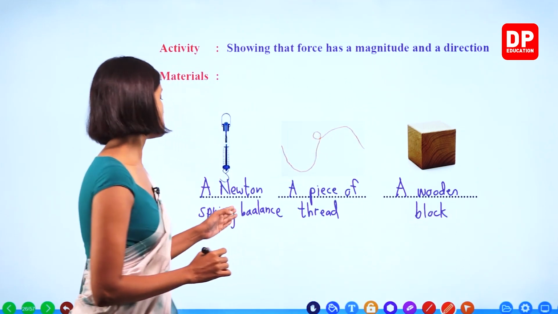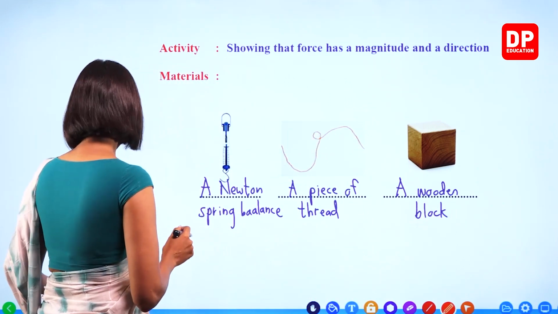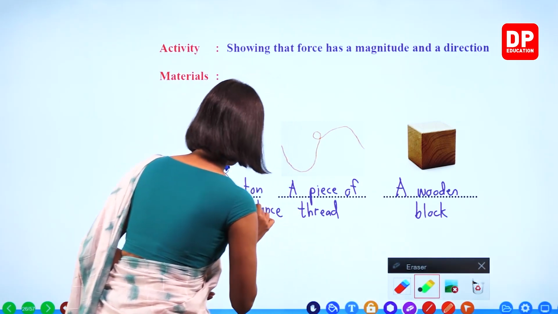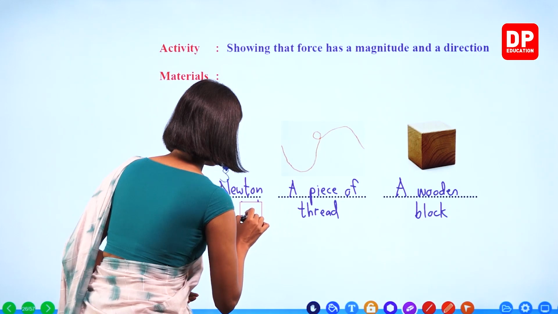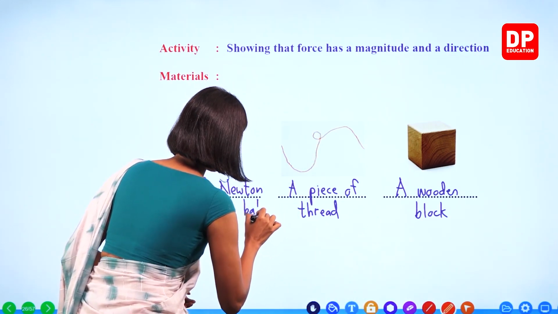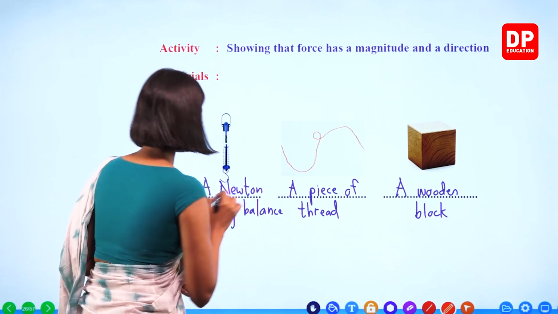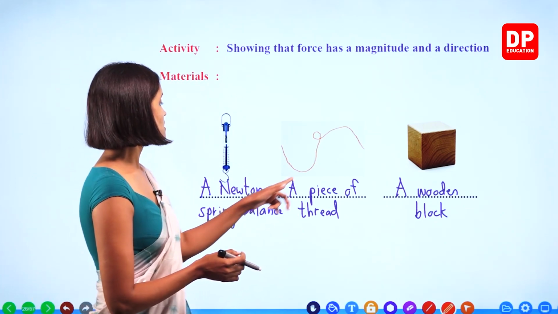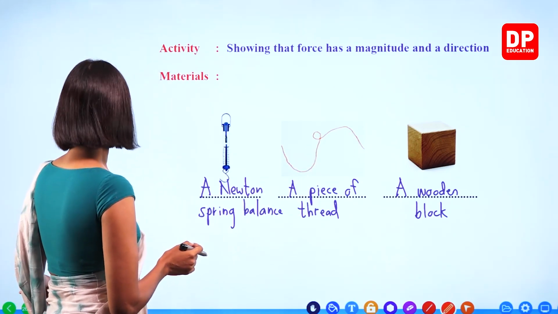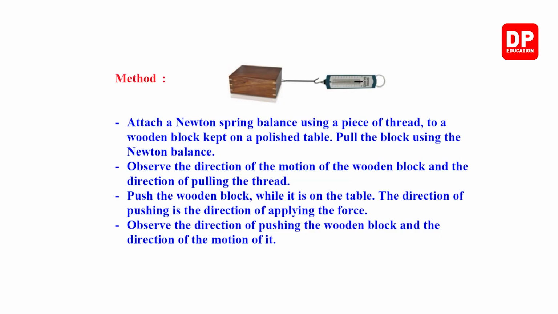Okay, we need a Newton spring balance. Right, a Newton spring balance, a piece of thread, and a wooden block. Okay, so it's very easy to do this activity.